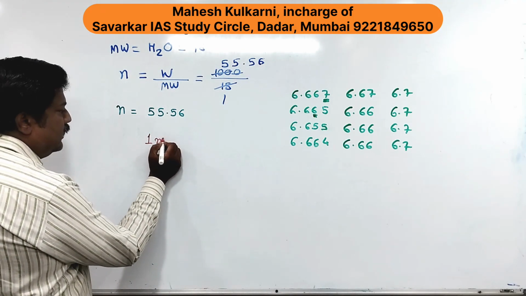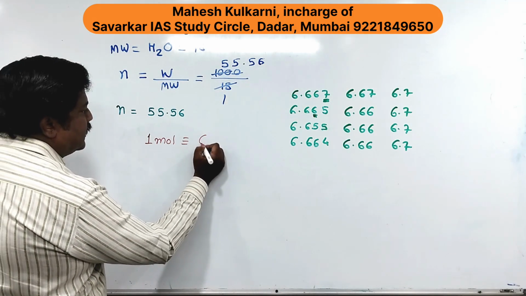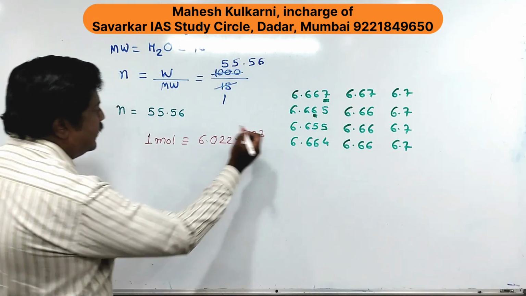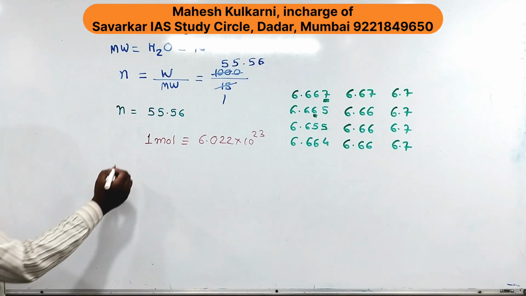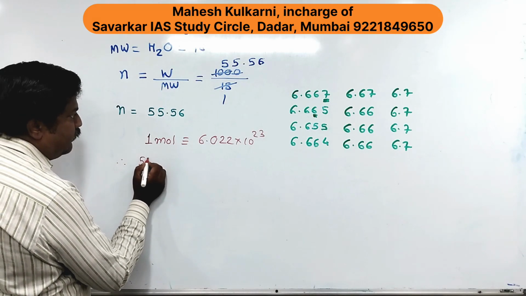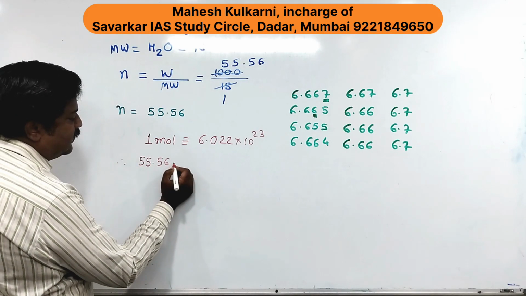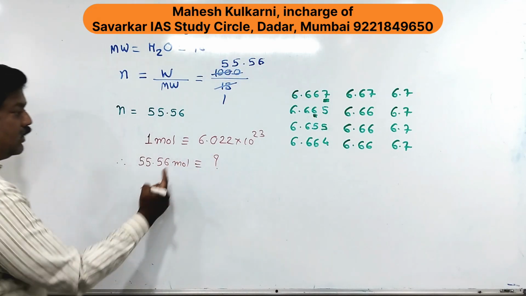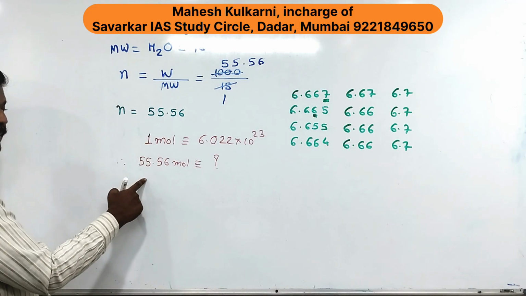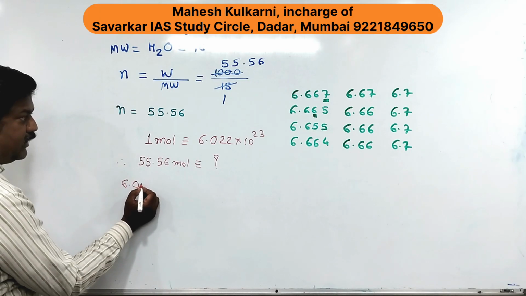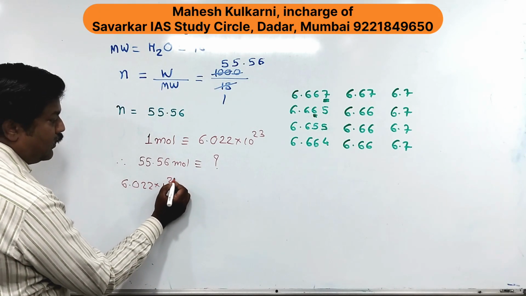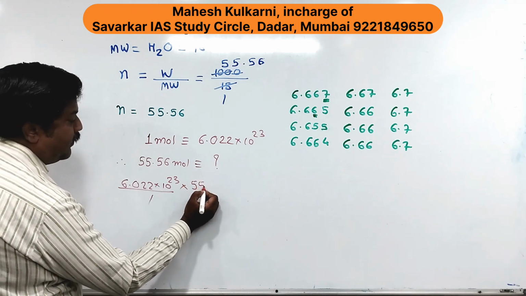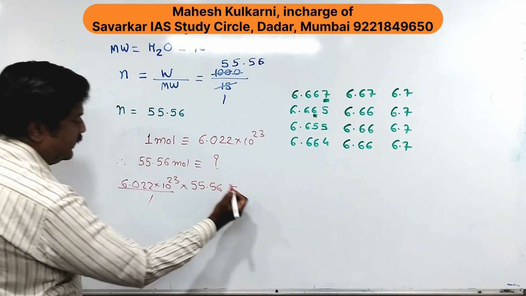1 mole of any substance corresponds to 6.022 into 10 raised to 23 number of molecules. Therefore, 55.56 mole, because we have calculated the number of moles, corresponds to what? This divided by this, multiplied by this. So the answer is 6.022 into 10 to the power of 23 divided by 1, obviously multiplied by 55.56.